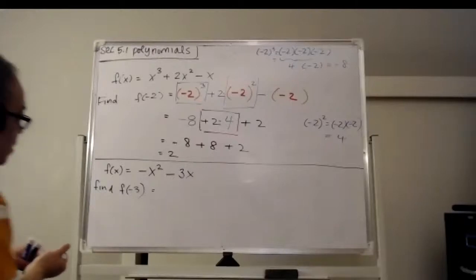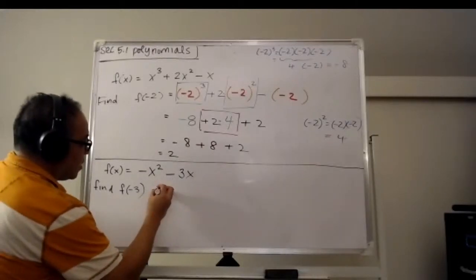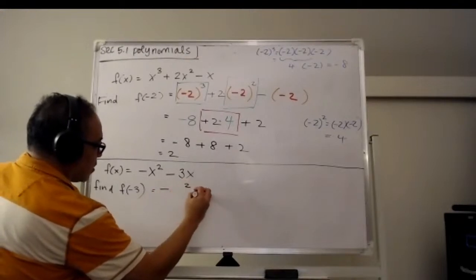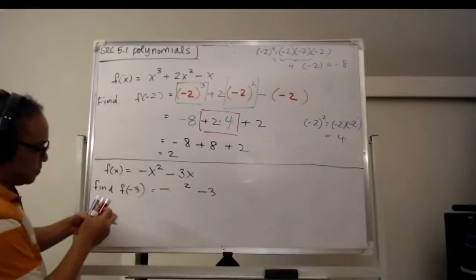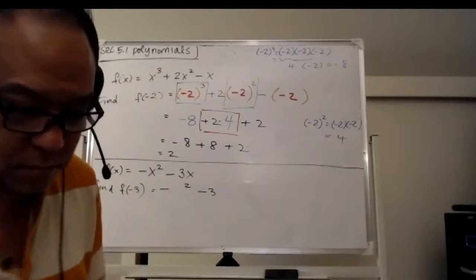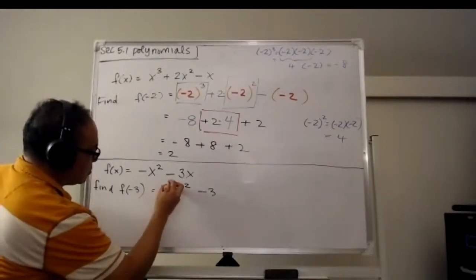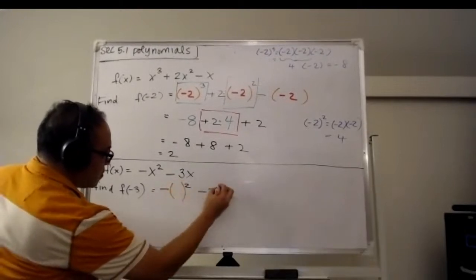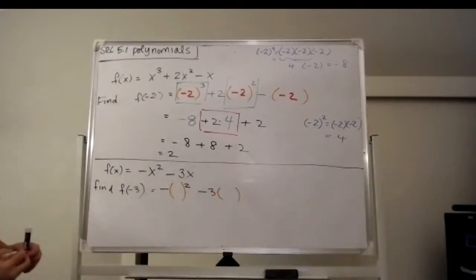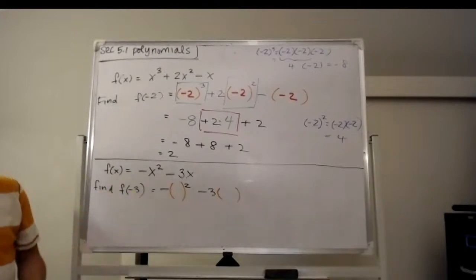Okay, so this turns into, right, anywhere there's an x, put a parentheses. And put -3 in that parentheses.